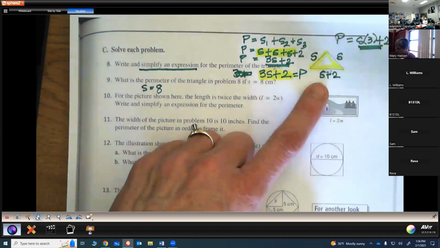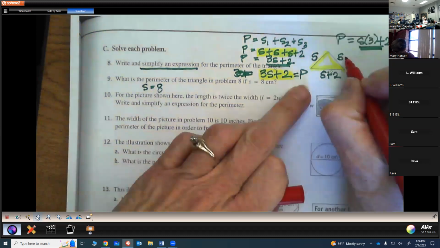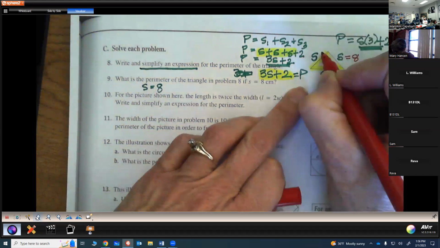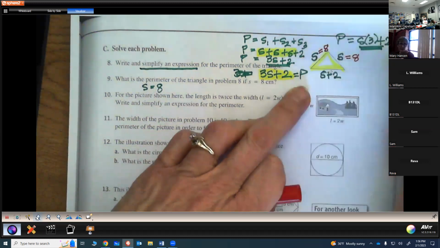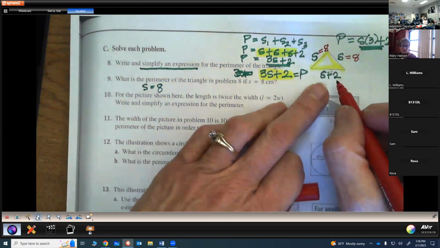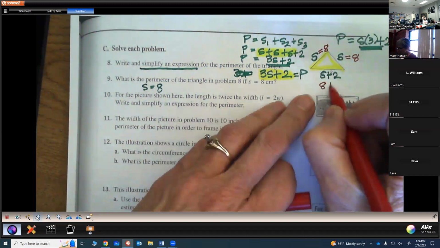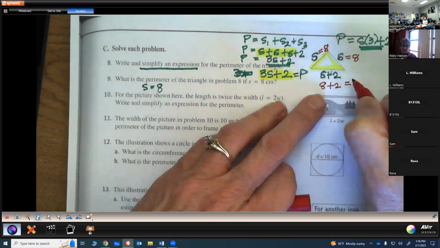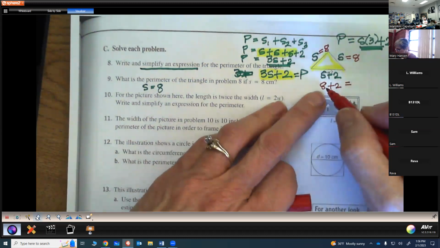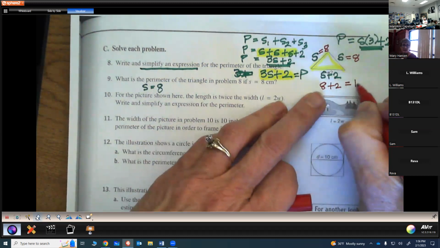And let me change colors. You can say S is 8. What's S plus 2? Good. I heard it here in Paige. If S is 8, then 8 plus 2, that side is 10.